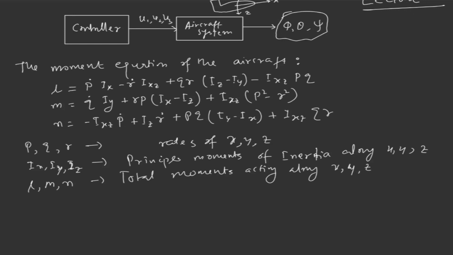So the torque is basically also a disturbance, but this is the favorable disturbance. This is going to help our system to regulate to our desired orientation.